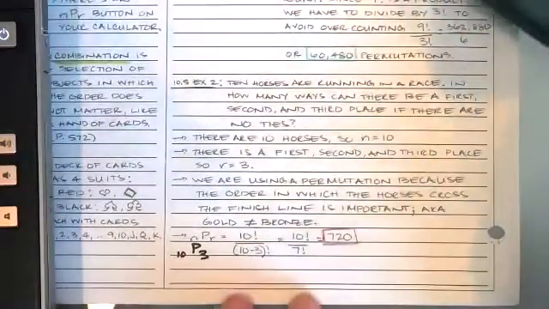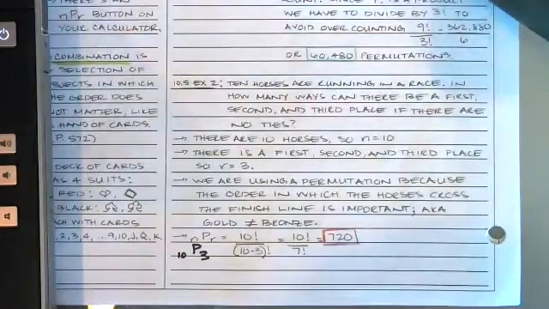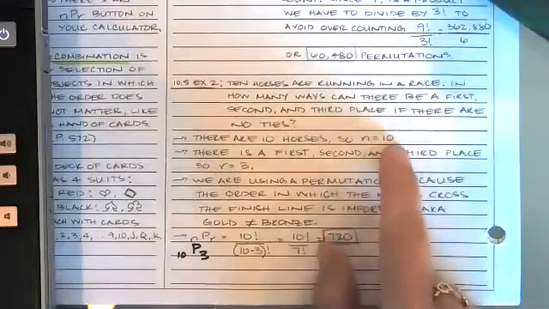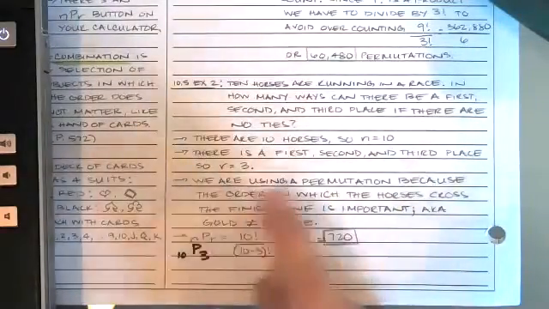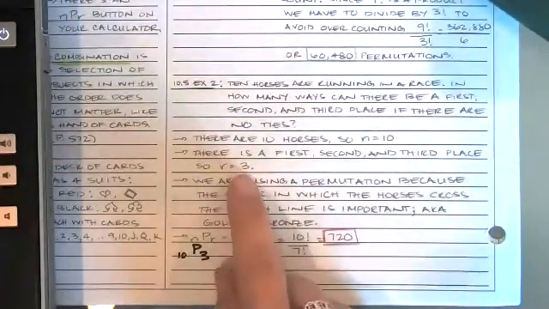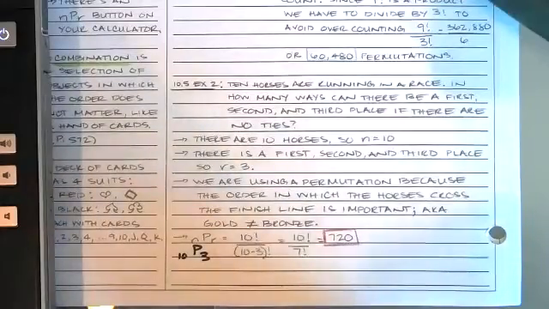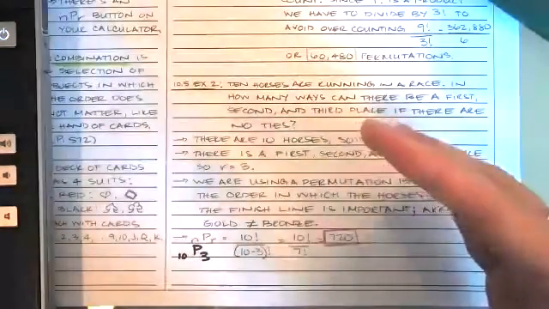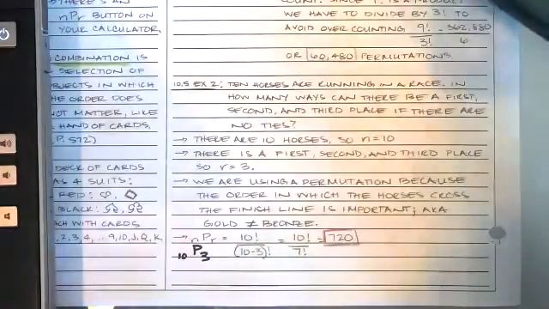So 10.5 example 2, 10 horses are running in a race. In how many ways can there be a first, second, and third place if there are no ties? So we've got 10 horses, so that's our total, n equals 10. We're considering the first, second, and third, so r equals 3. Now it comes down to, is this a permutation or a combination? And it's a permutation because the order in which the horses cross the finish line is important.